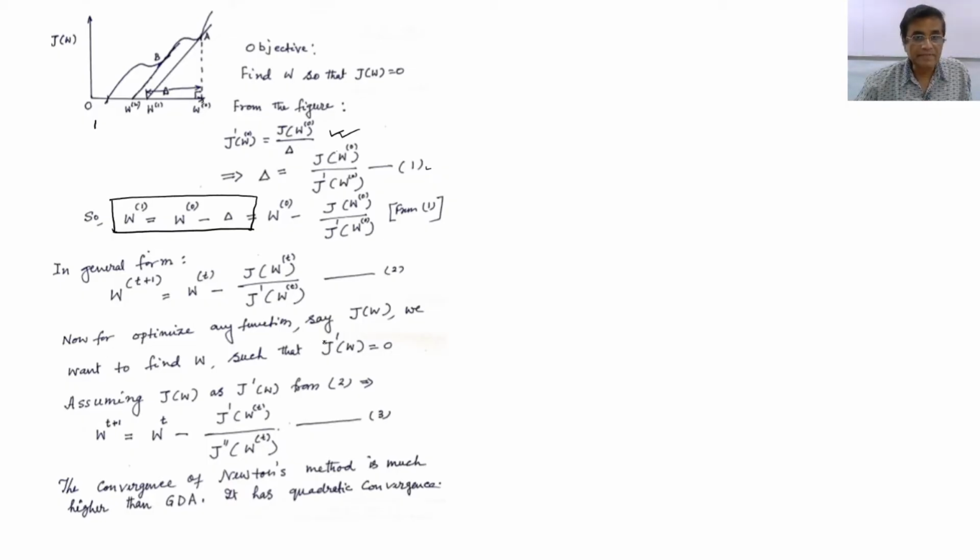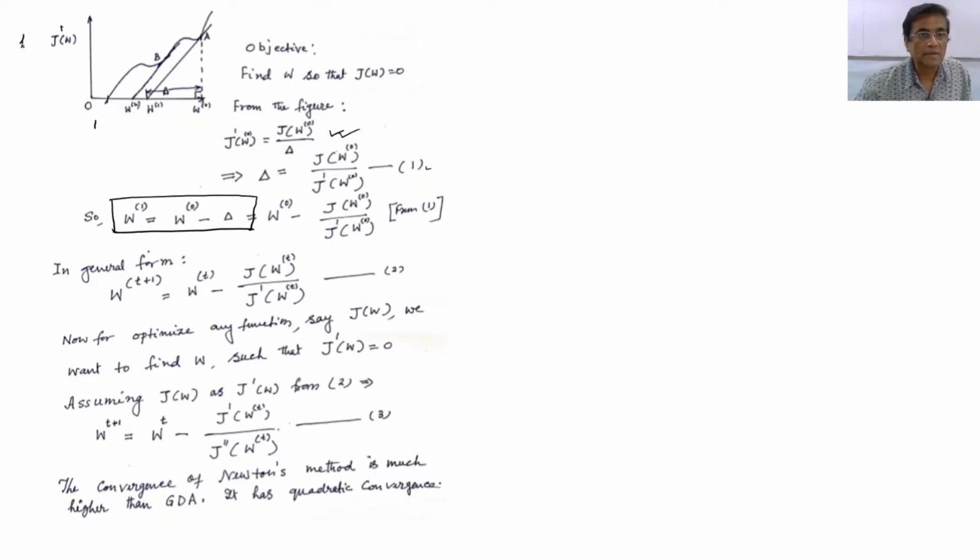Now for optimizing any function, say J(w), we need to find w such that J prime(w) equals 0, okay. So this is very interesting to note: suppose I define a function, this is a J prime function, okay.